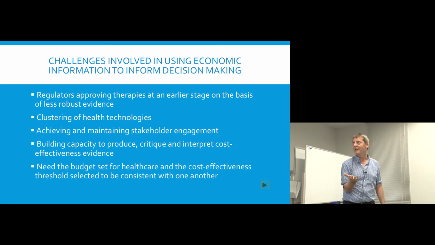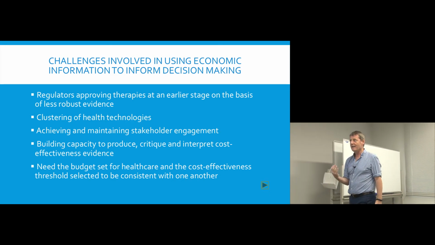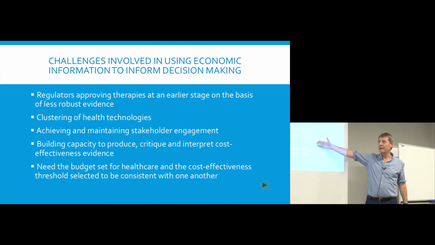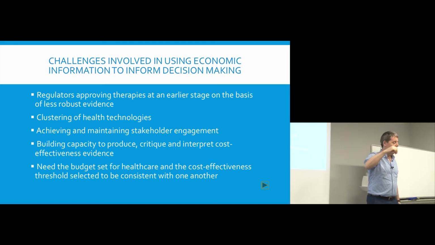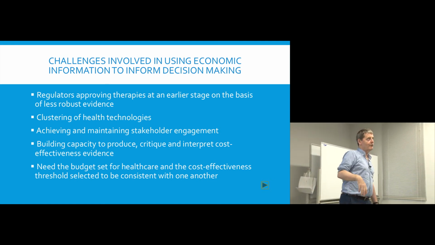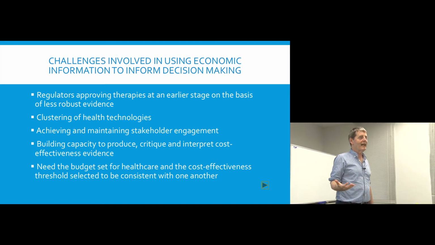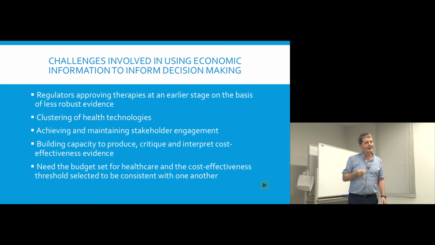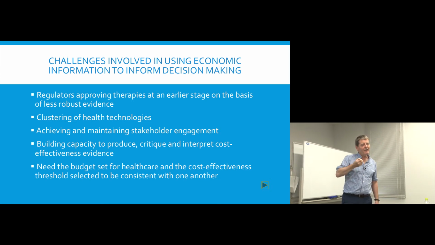It's got to be critiqued. And then among the decision makers themselves, it requires capacity to interpret the evidence. What does it mean? Now, we might all think, well, we know what £25,000 per additional quality-adjusted life year gained means, but it's not what the headline means. It's to what extent can we rely on that number?